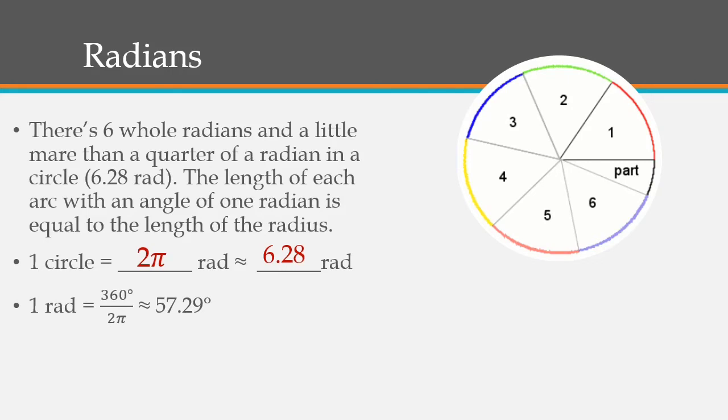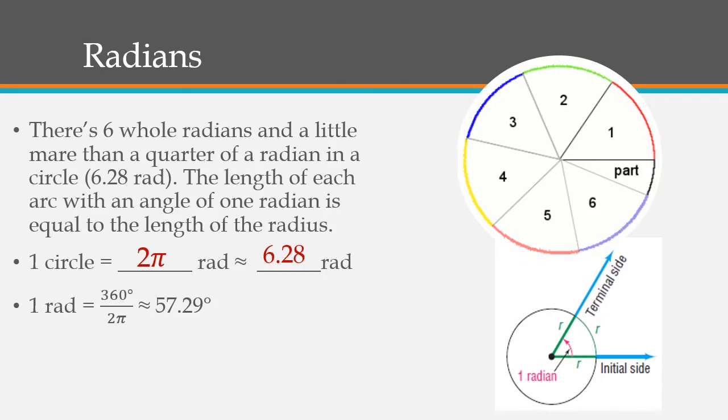So if we're looking at it in terms of degrees, a full circle is 360 degrees. 1 radian, if you cut that up into 2 pi pieces, is 57.29 degrees. Here we can see again, if you rotate 1 radian, the radius will be equal to the length of that arc.